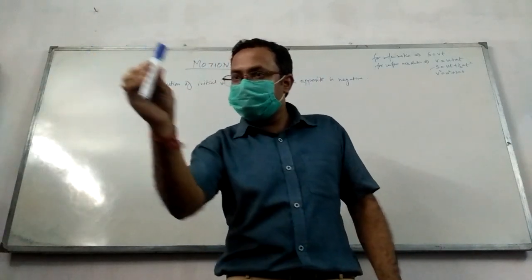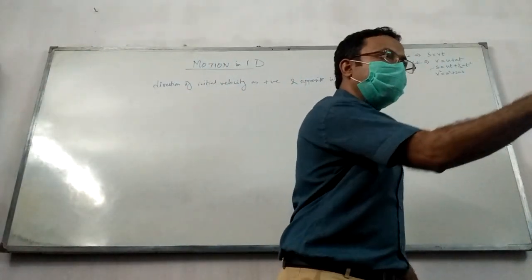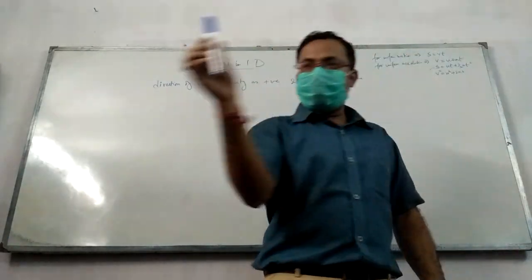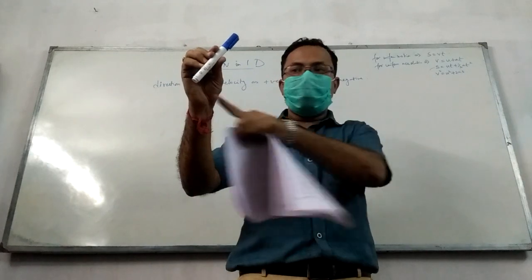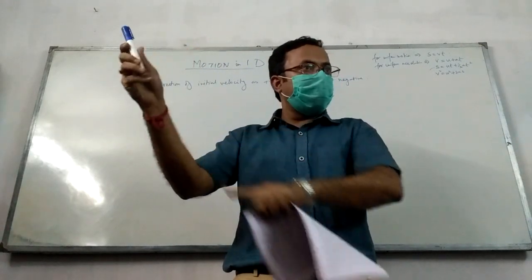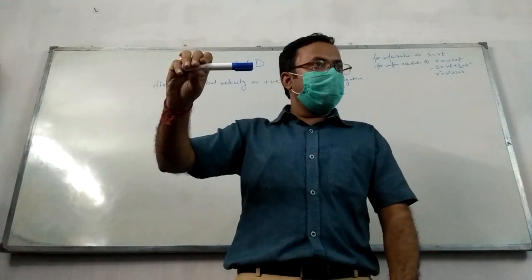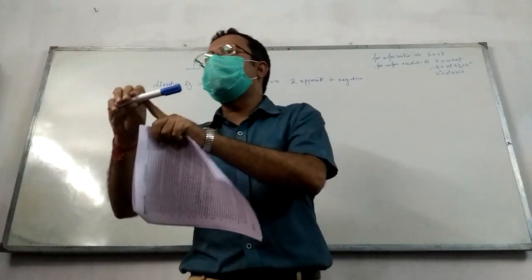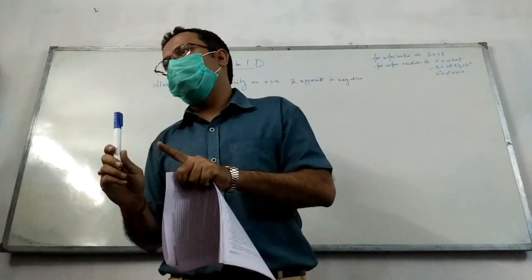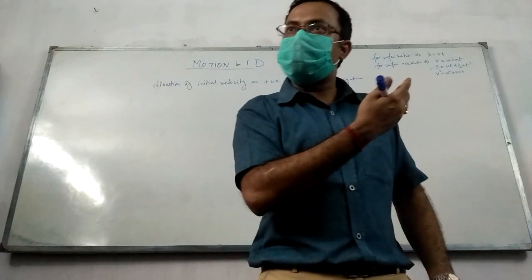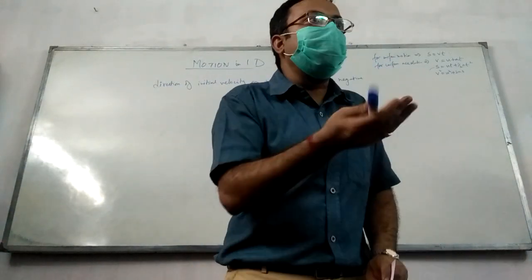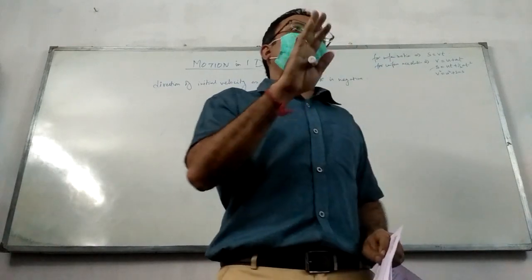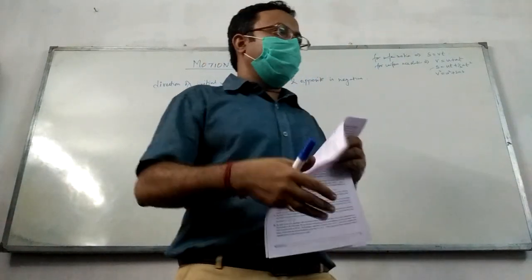See, when I take this like this, all the points on my pen are doing the same displacement. But if I move the pen like this, then what is happening? This point is traveling more than this point, right? Then you cannot consider this as a point. Is that clear? So if there is a sharp change, sharp bend, or falling objects, toppling objects, then you cannot take them as point objects.